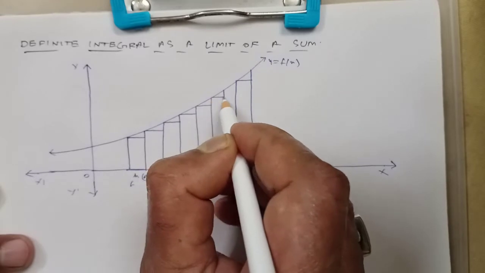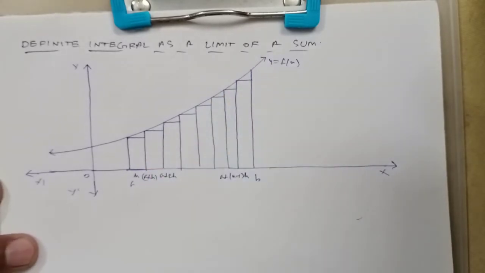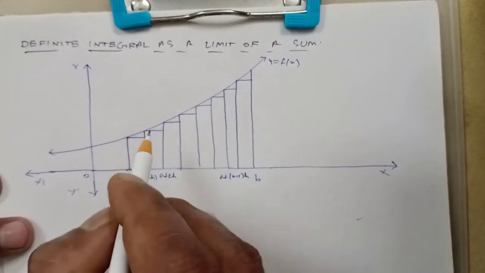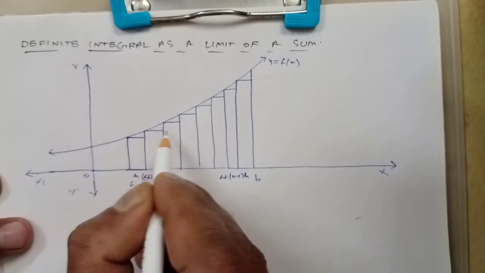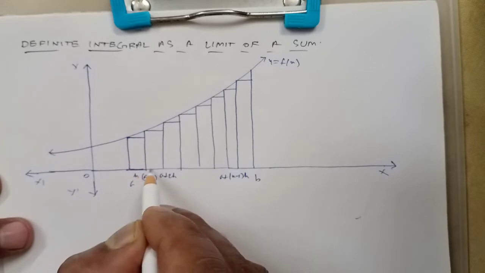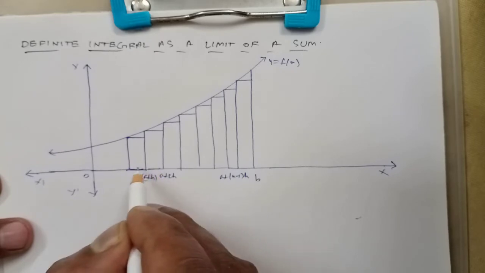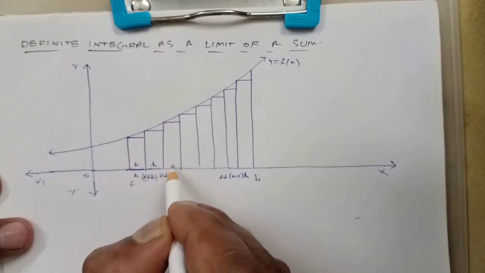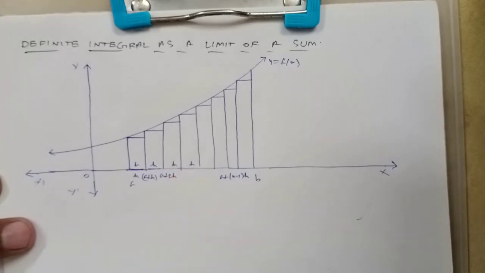These are all parallel to the x-axis. Now look, these are all rectangles. Each has one dimension as h. All the intervals are of length h.